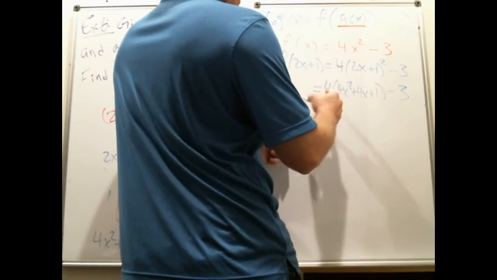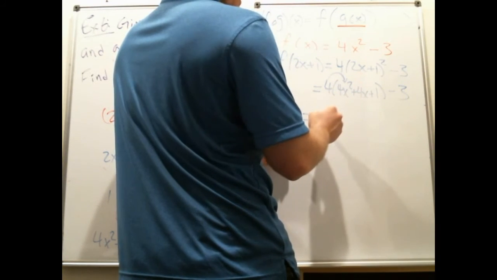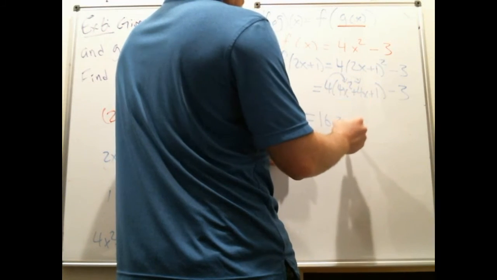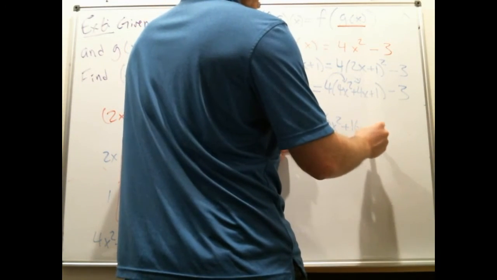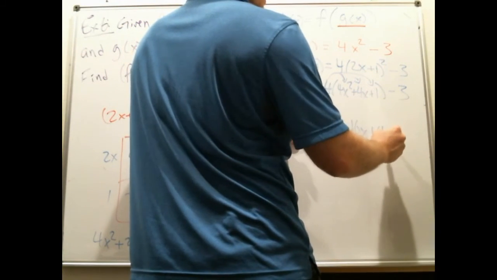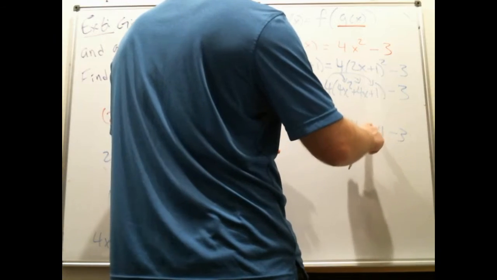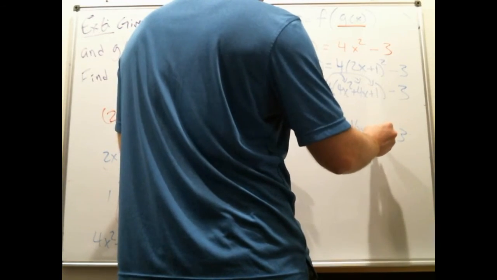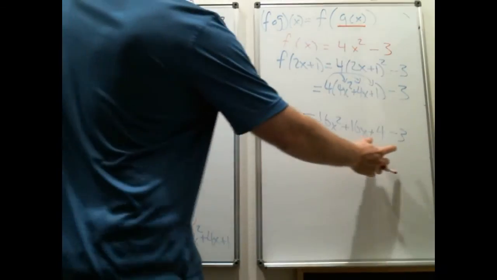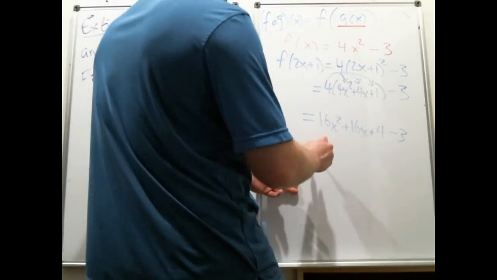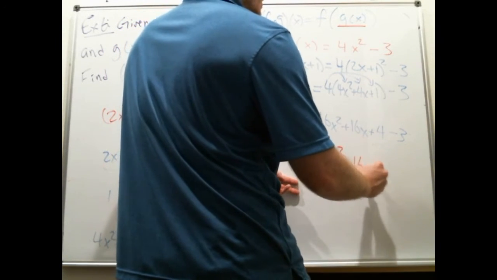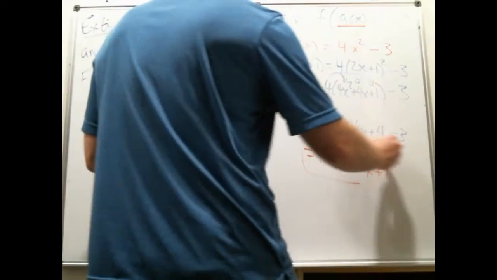So now you get 4 times 4x squared is 16x squared. 4 times 4x is plus 16x. 4 times 1 is 4. And then the minus 3 is out there still. And then 4 minus 3 is the last thing that we can combine here. So your answer would be 16x squared plus 16x plus 1.